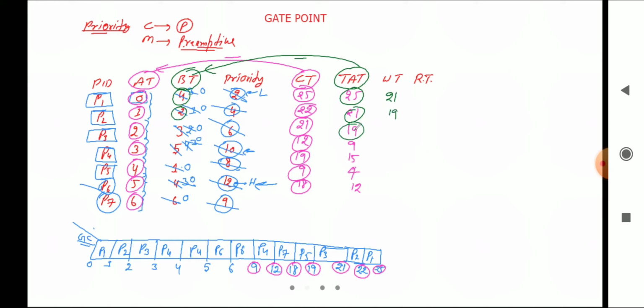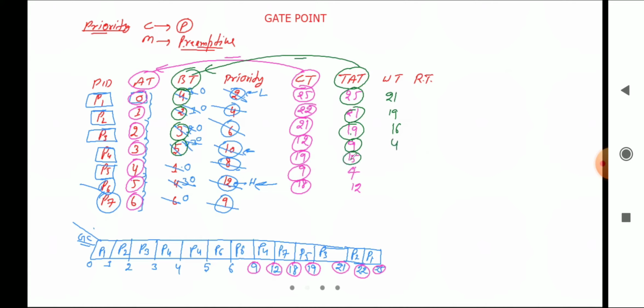Next is 19 minus 3, which is 16. Then 9 minus 5 is 4.